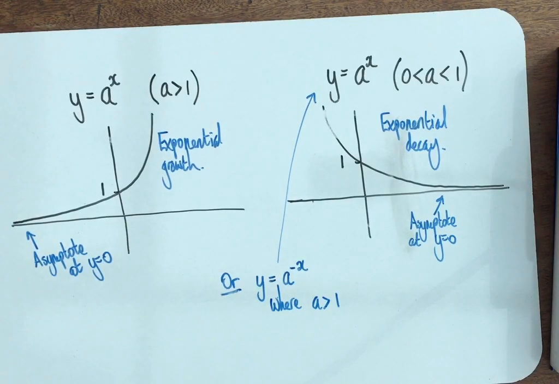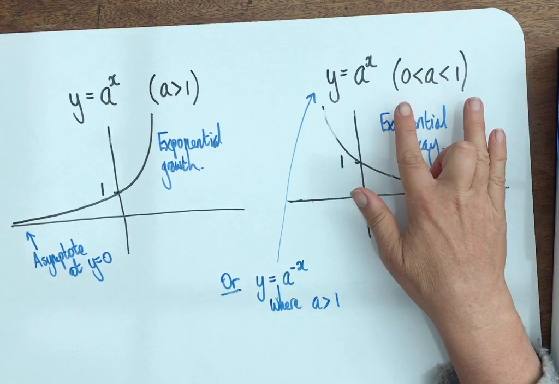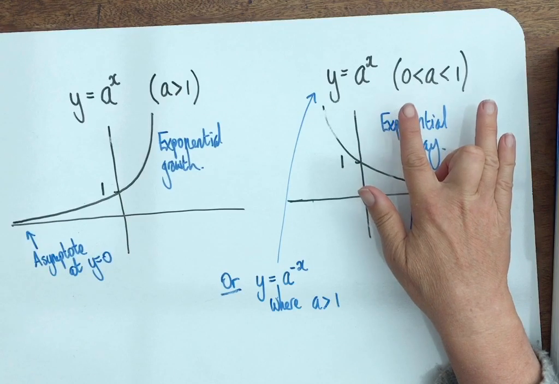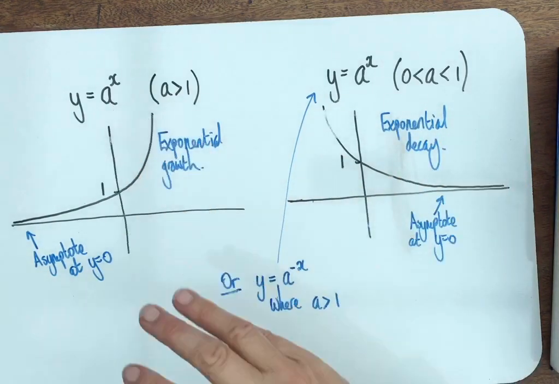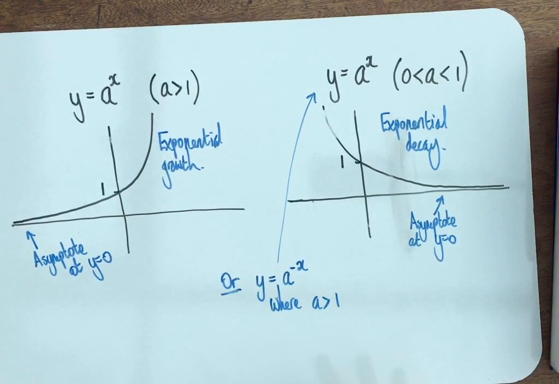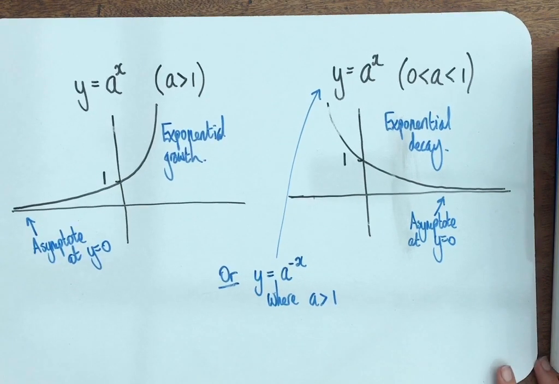It's just written in a different way. I've never seen one between 0 and 1 with a negative on it, but that would give you growth. So two ways of looking at that. Hope that's all right. We need to move them around with some transformations. I'll do that on the next clip because of my phone memory. Okay.